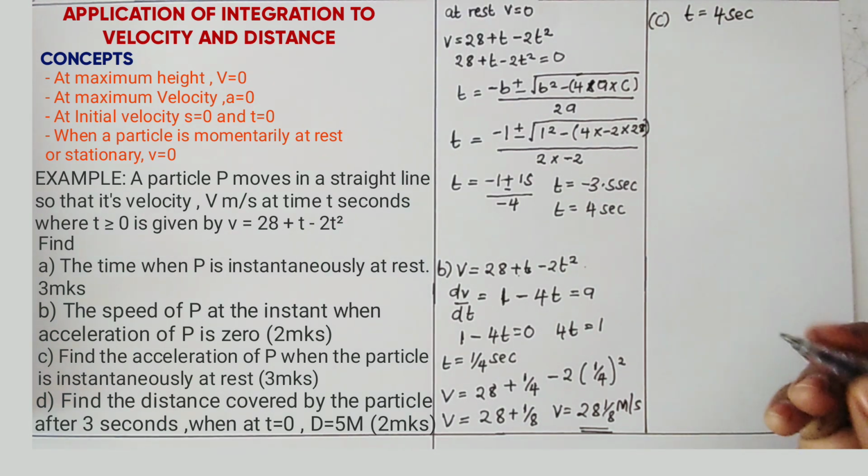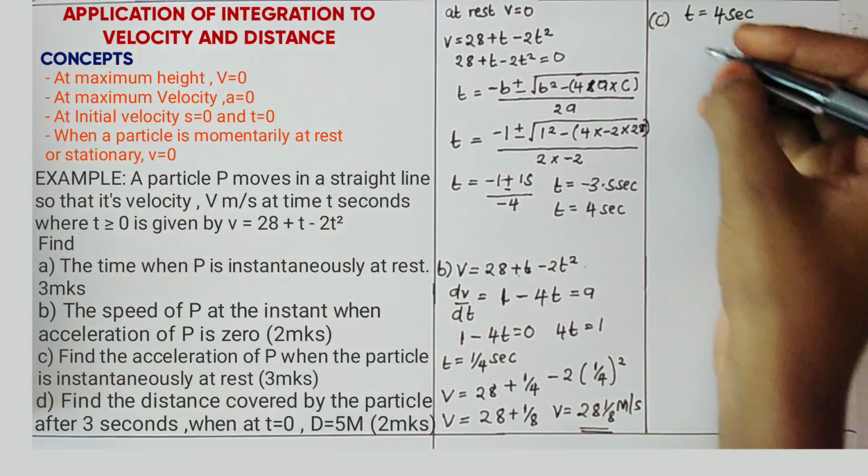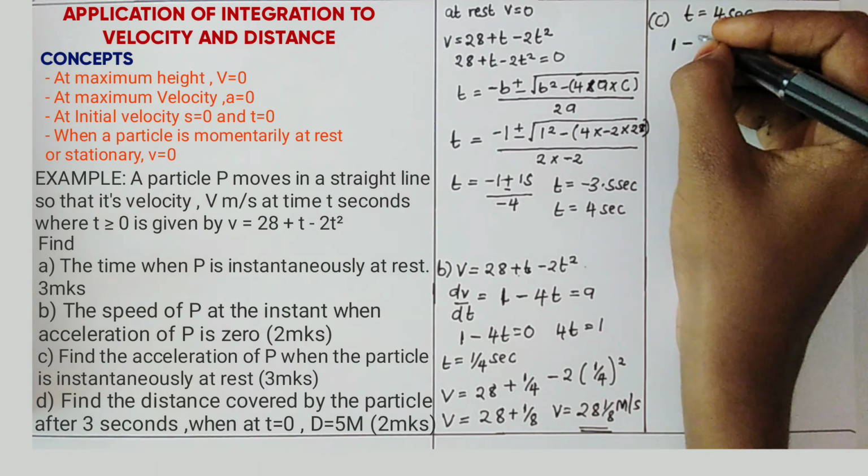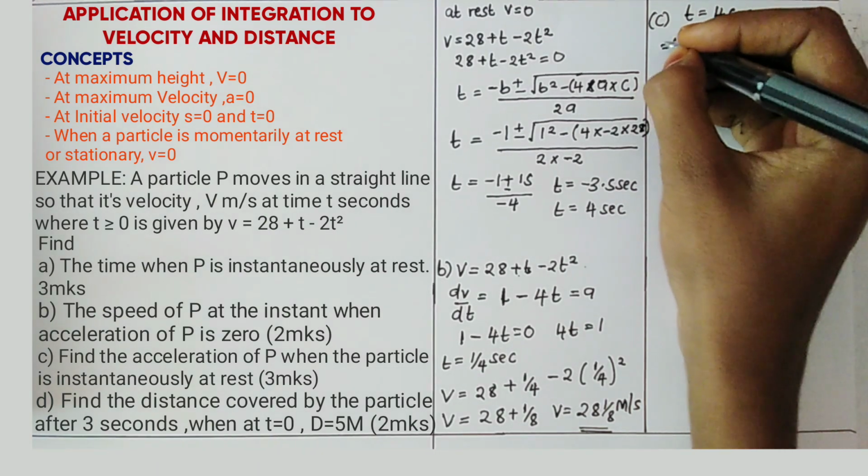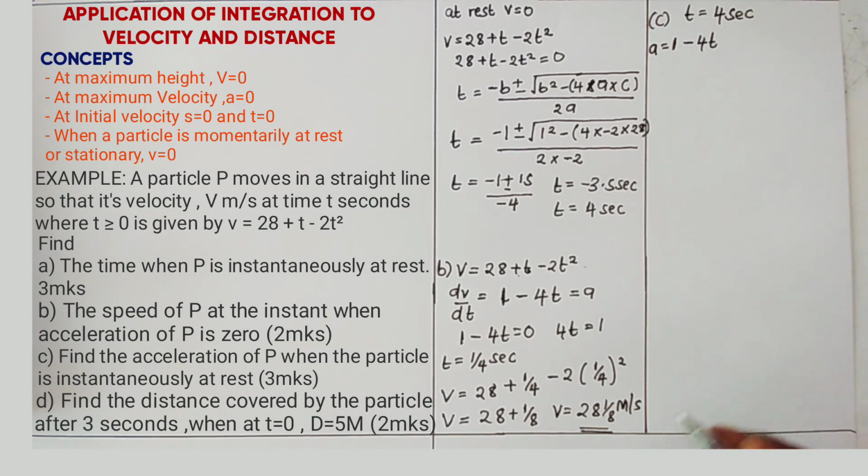And we said that the acceleration from part B is equal to 1 minus 4t. This is acceleration. So we have been told find the acceleration when the particle is at rest. When the particle is at rest, time is 4 seconds. And I need to find acceleration. I substitute the values.